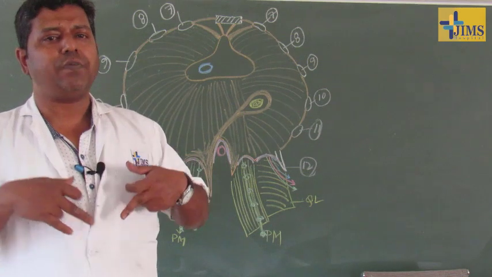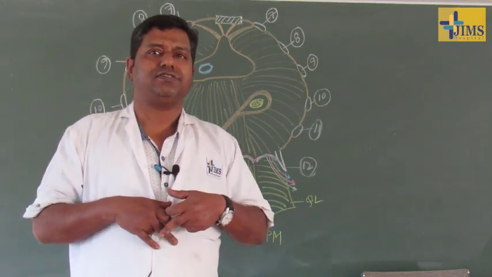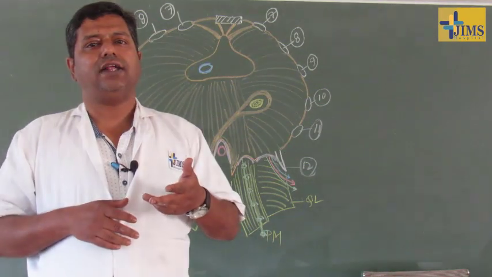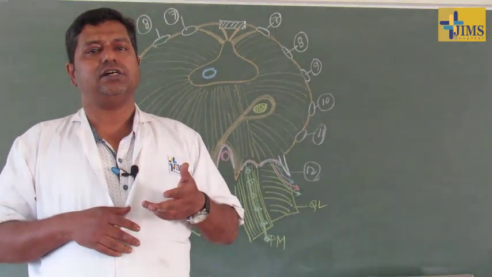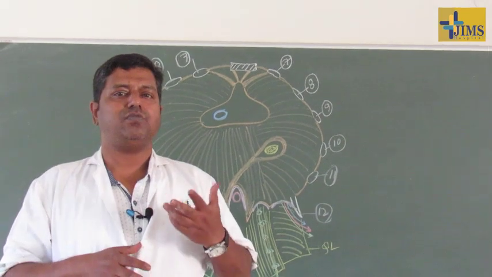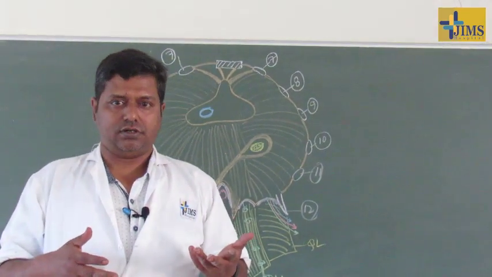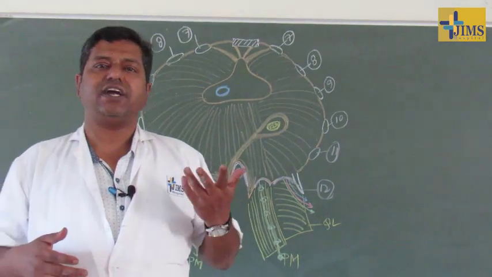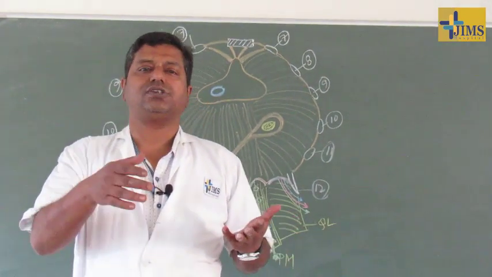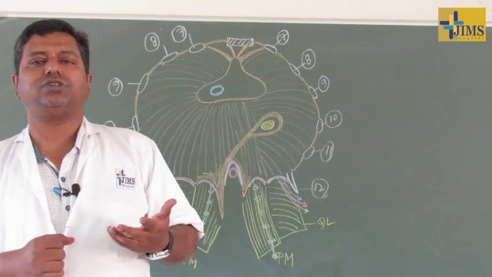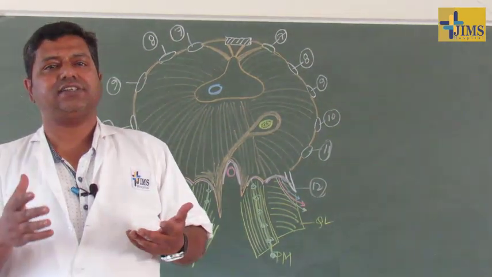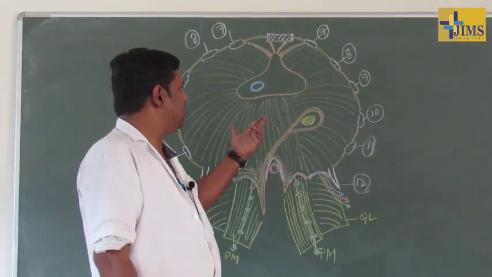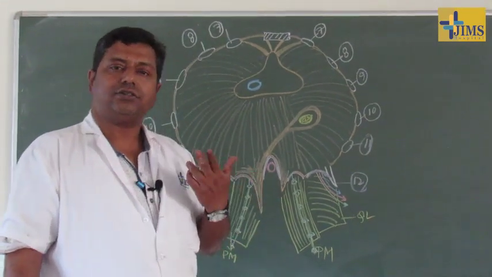Going to the lower part of the thorax, the vagus nerves will form the anterior and posterior vagal trunks. The anterior vagal trunk is formed by the left vagus nerve, whereas the posterior vagal trunk is formed by the right vagus nerve.